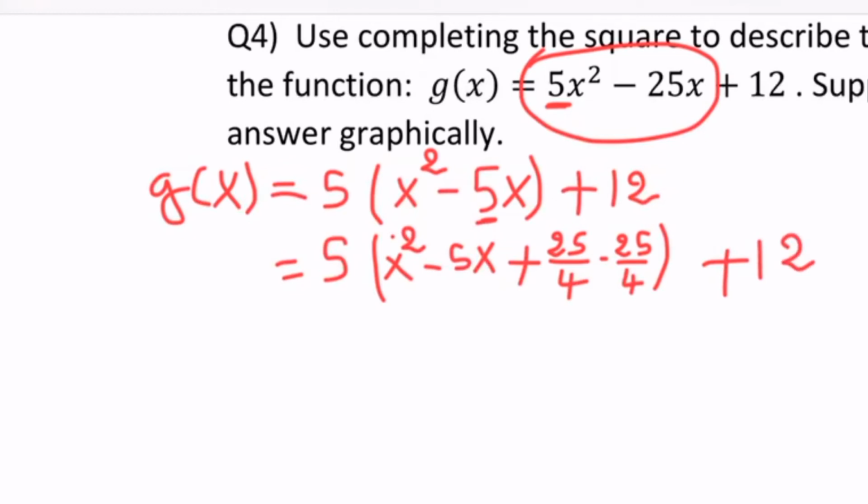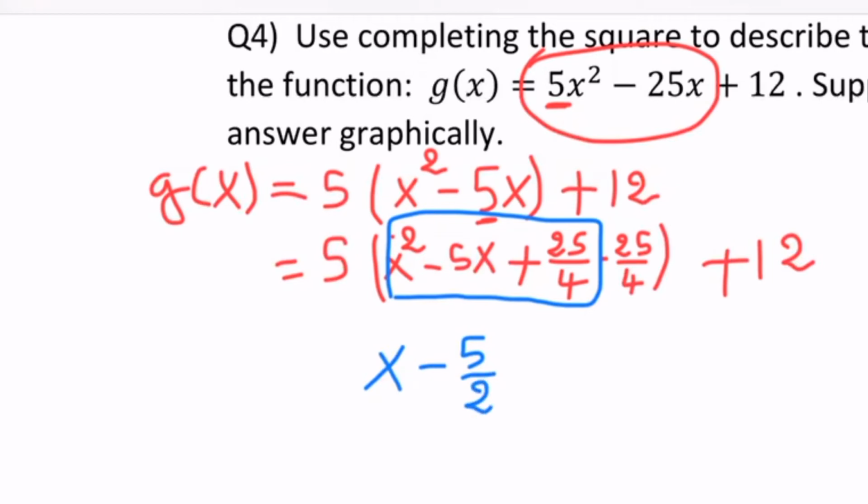Right, now we have a perfect square here. This is a perfect square. So this is x minus 5 over 2, all squared. And then we have minus 25 over 4.